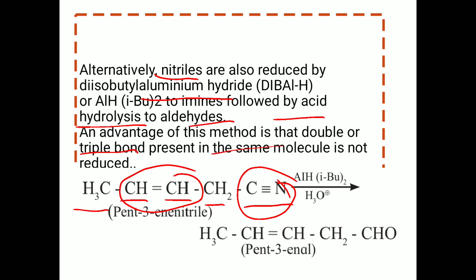We have to use the reduction only on the triple bond, not on the double bond, so we use the specific reducing agent. Only the C≡N, that is the nitrile, gets converted into the aldehyde, that is CHO, while the first part CH3CH=CH2 remains. It is a very specific reaction.